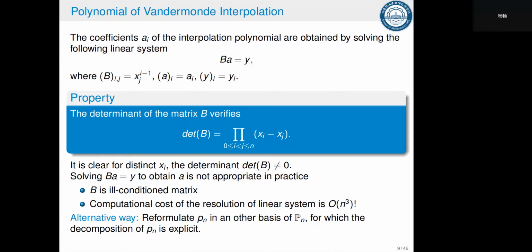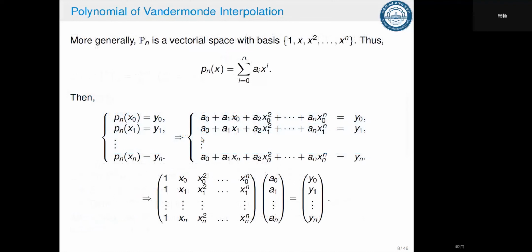And then, thanks to linear algebra, we can conclude that B is not singular.